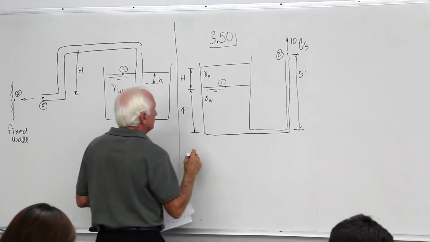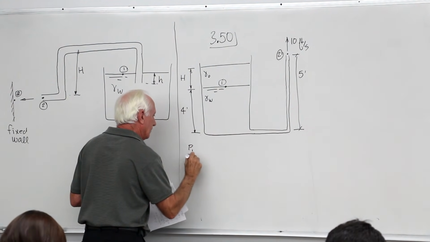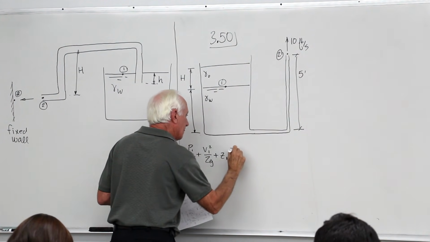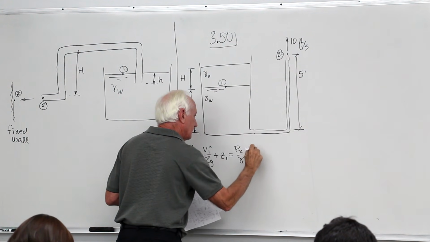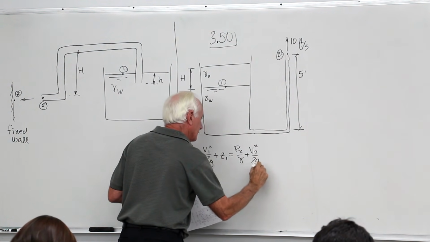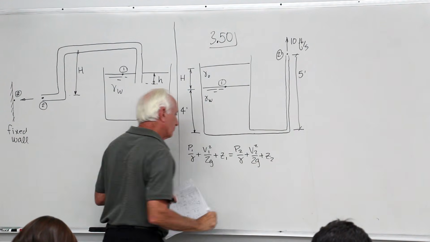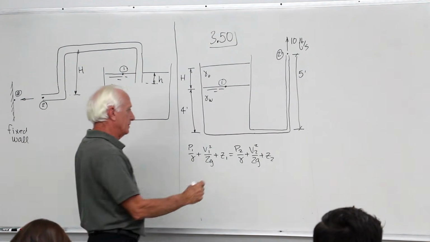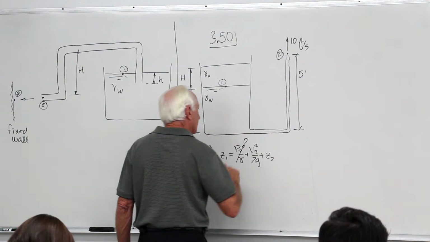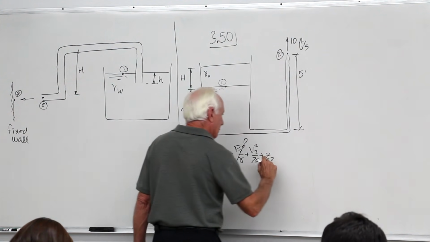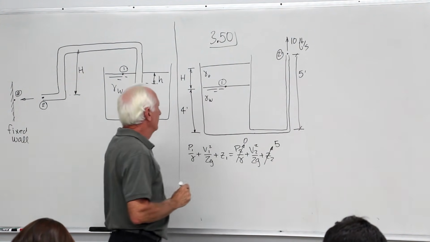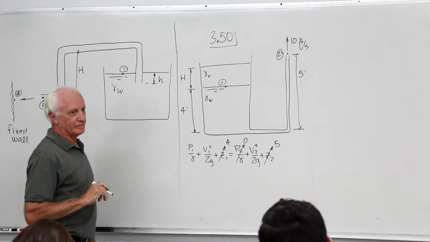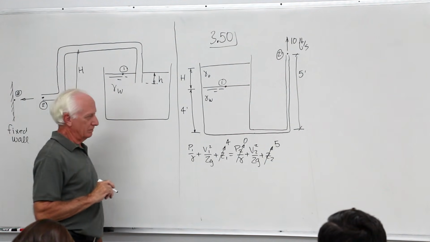P1 over gamma, V1 squared over 2G, Z1, equals P2, V2, Z2. At the exit, pressure is atmospheric, V2 is 10, Z2 is 5, Z1 is 4, V1 is 0.